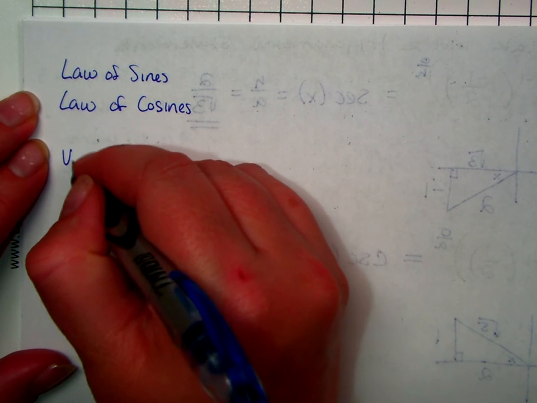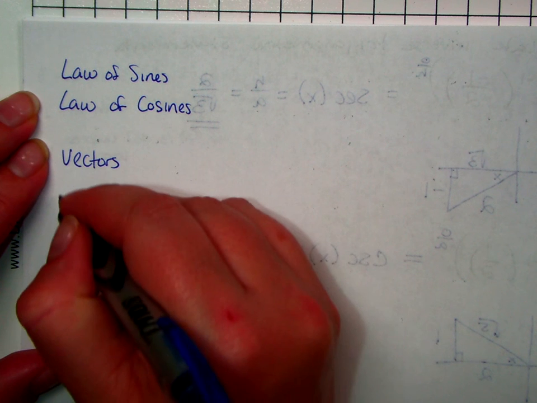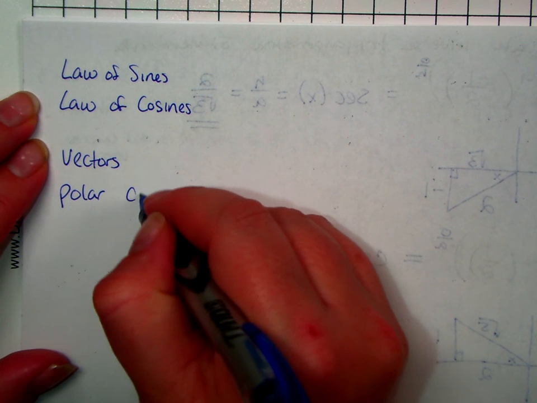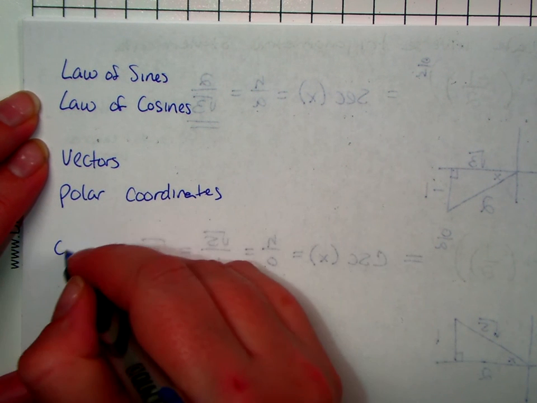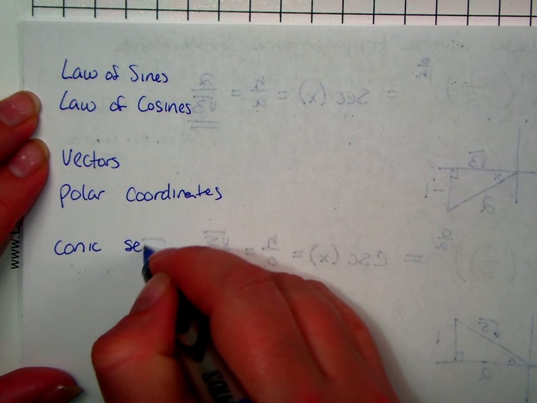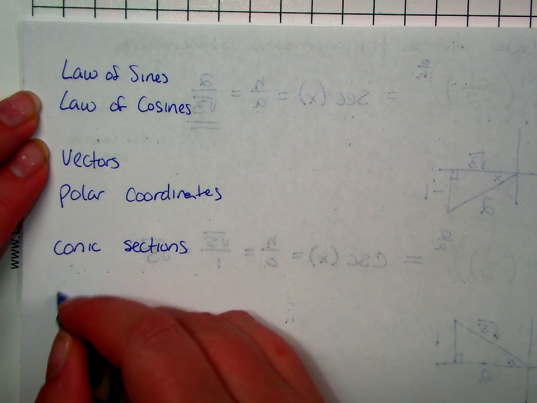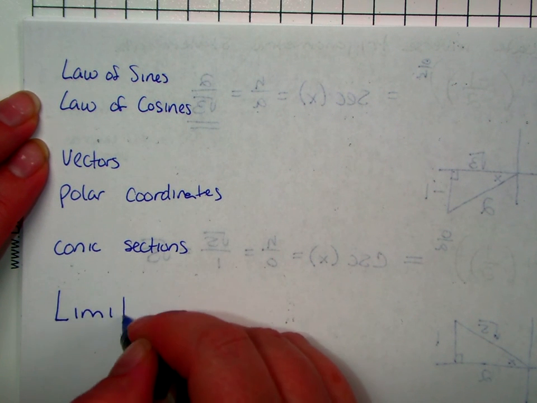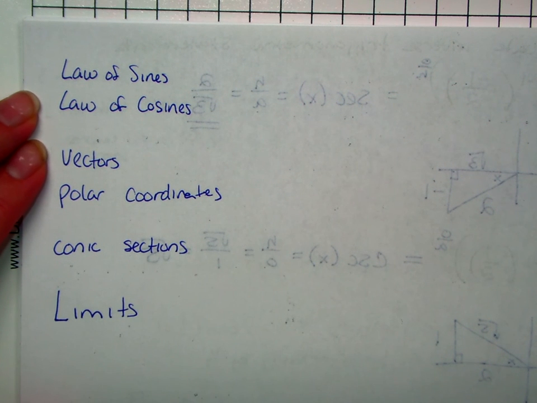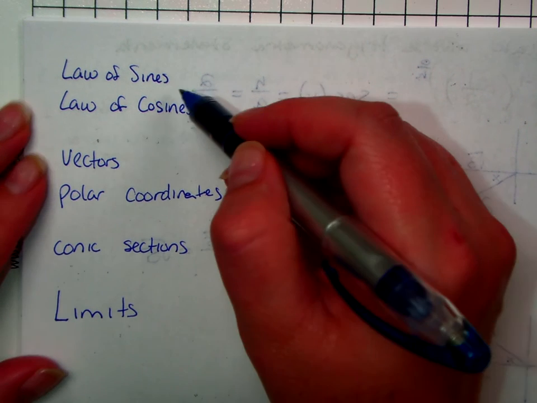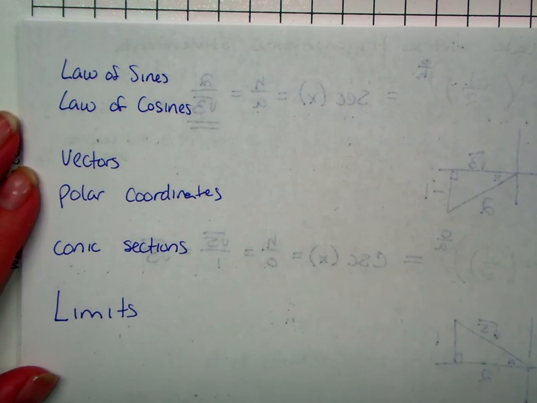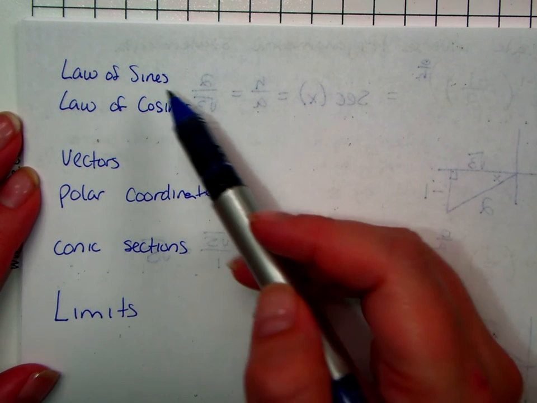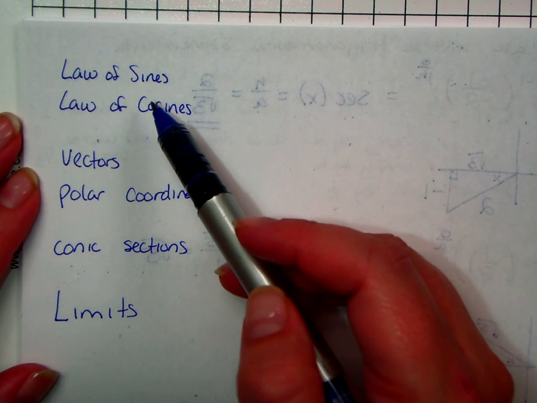We also covered vectors, polar coordinates, conic sections, and limits. And I know that there are questions on each of those topics on the final. So these ones shouldn't be too bad. It's one triangle. Find the remaining side or find the labeled side using either law of sines or law of cosines. Not too bad here.